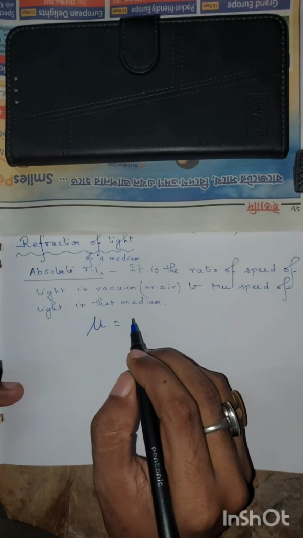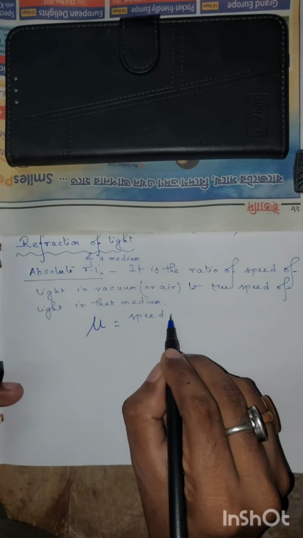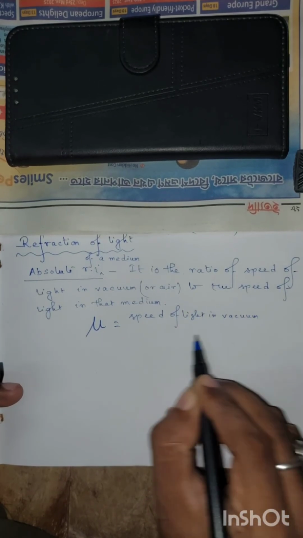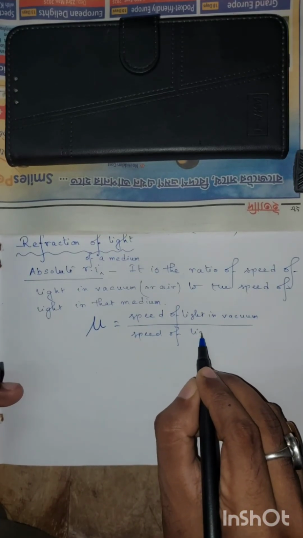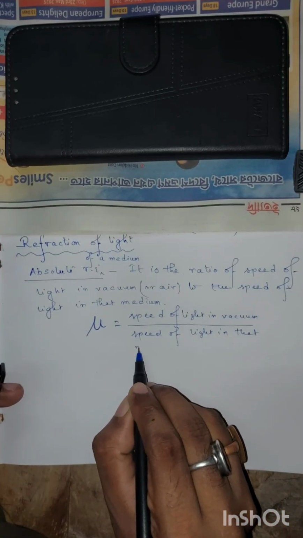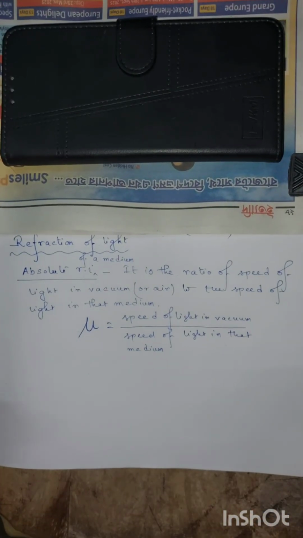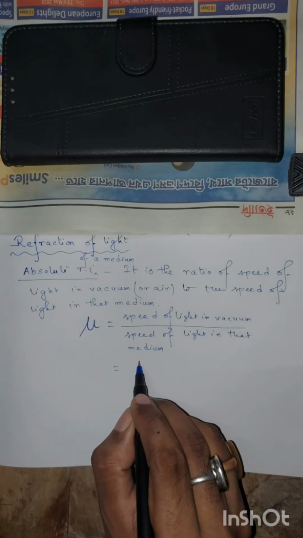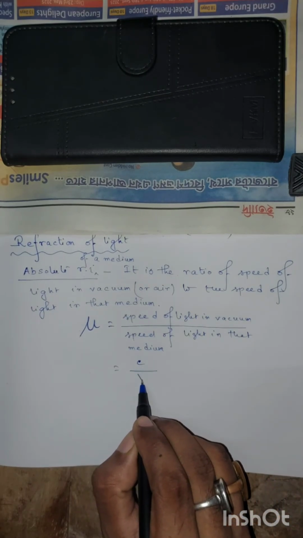For mu, the speed of light in vacuum can be represented by small c, and speed of light in that medium can be represented by v.